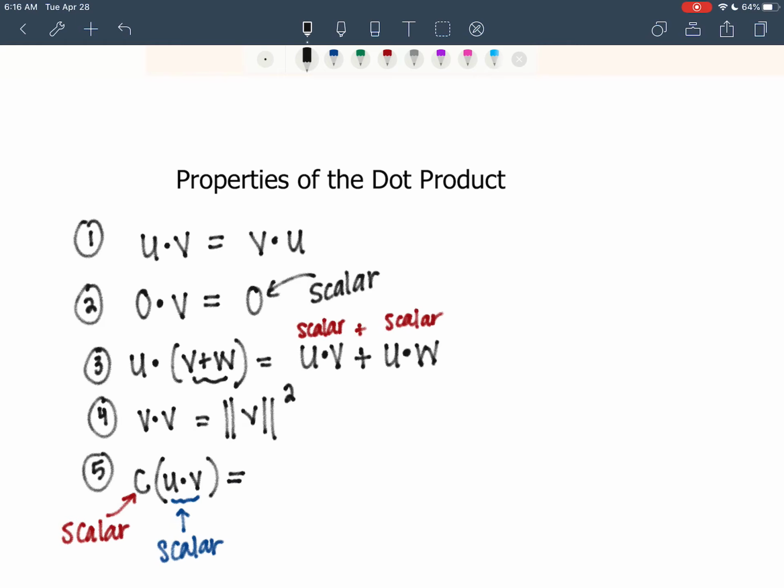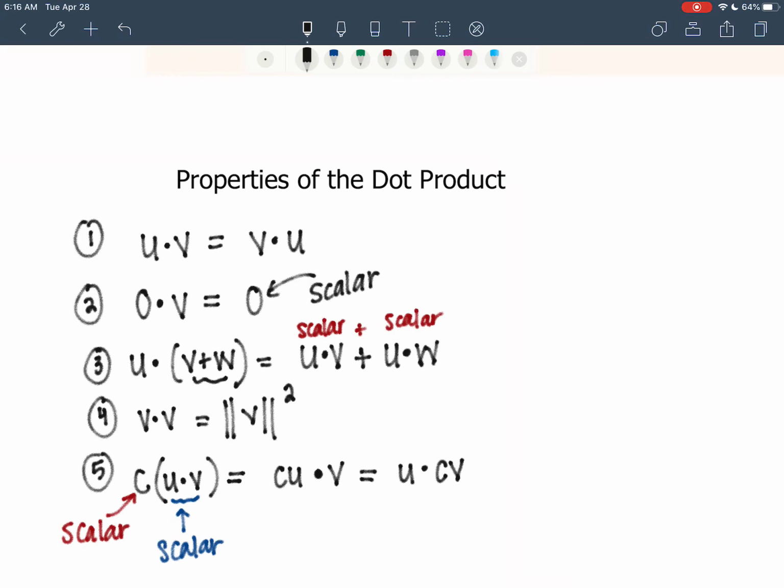So you could compute u dot v first, find that scalar, and multiply it to c, or you can use the associative property and multiply the scalar times vector u with the dot product of v, or u dot product with the scalar times vector v. So this is the dot product.